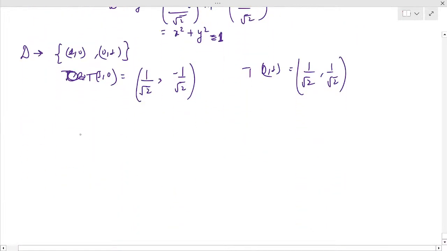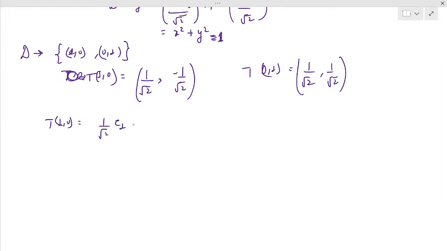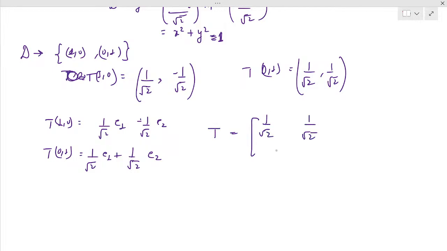So I can write T of (1, 0) as 1 upon root 2 E1 minus 1 upon root 2 E2, and T of (0, 1) as 1 upon root 2 E1 plus 1 upon root 2 E2. So the matrix of transformation T would be 1 upon root 2, 1 upon root 2, and minus 1 upon root 2 and 1 upon root 2.